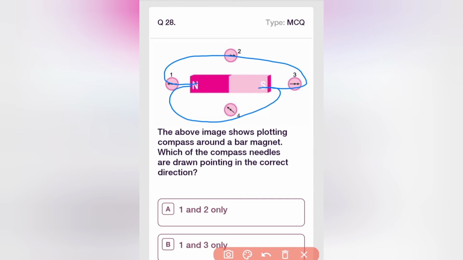But you see the direction, 1 is correct, 2 is correct, and 3 is wrong, and 4 is also wrong. It should go this way, right? So which compass needles represent the correct direction? 1 and 2. Option A is the correct answer.